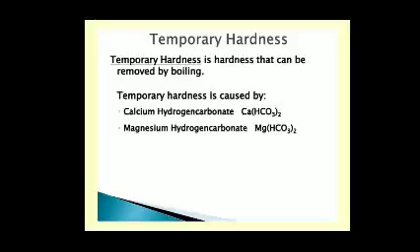These calcium carbonate and magnesium carbonate are insoluble products in water. They form as a white precipitate at the bottom of the container when you boil the water that has temporary hardness.